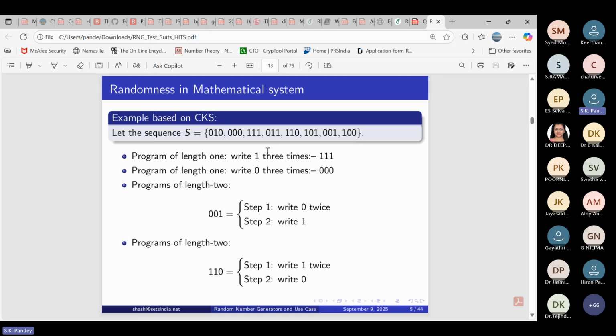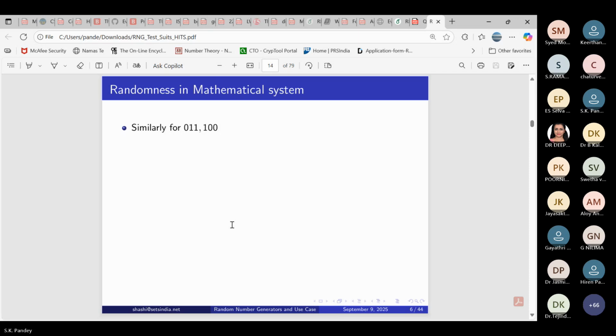Similarly, if I go for 110, then these 2 steps is there to define that sequence of 3 bits 110. Write 1 twice and write 0. So in this way, ultimately you are able to define 1, 2, 3, and 4 binary sequence and their corresponding length of steps. The same is applicable in case of 011 and 100, like what we have done here. Step 1 is write 0, step 2 is write twice 1.